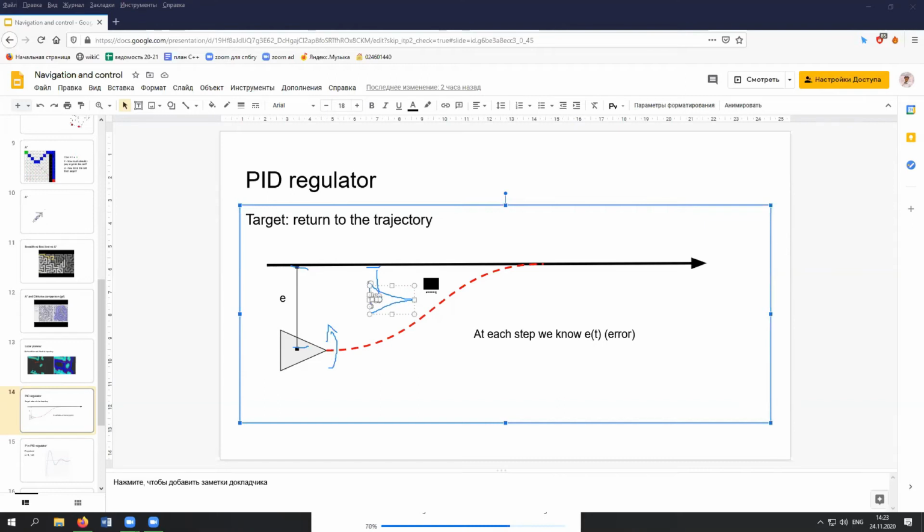Okay, let's do exactly this, and only this. Let's think that we should rotate our wheels by the value of the error. Let's think that the wheels of our robot are like this, and we rotate them by E, for example.